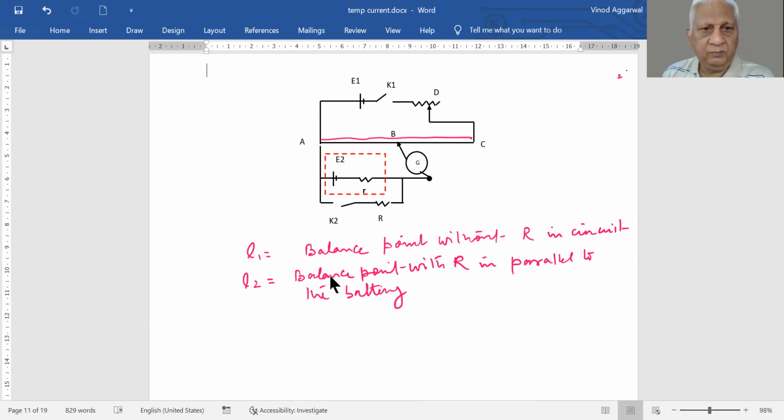Now, what is the purpose of putting an external resistance? When we find a null point here, the potential difference across the terminals of the battery may be balanced, but it is not the same as the EMF because there is some current flowing in this circuit.